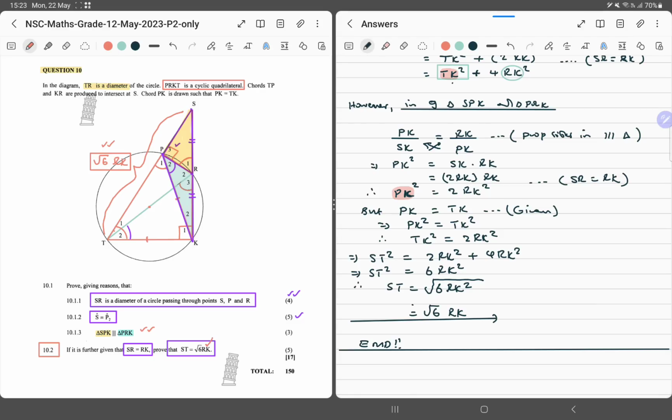Now, where are the marks? Technically, there is a mark there. Another mark. It is important to prove that TK is equal to PK.